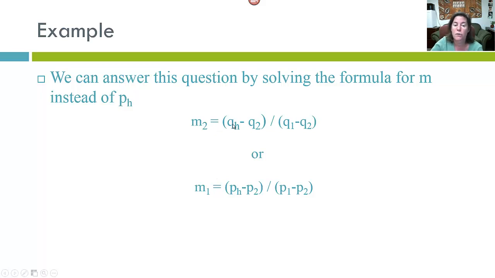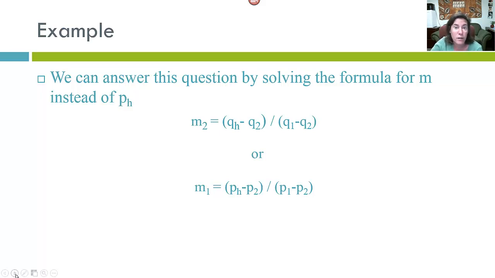M2 equals QH minus Q2 divided by Q1 minus Q2. The relative contribution from population 1, M1, equals PH, the proportion of the dominant allele in the hybrid, minus the proportion of the dominant allele in population 2, divided by the proportion of the dominant alleles in population 1 minus the proportion of dominant alleles in population 2.